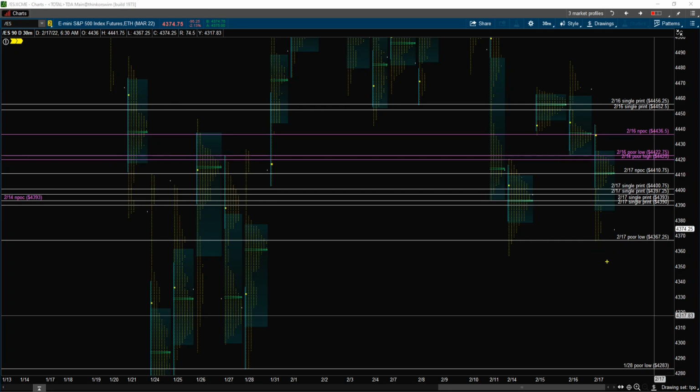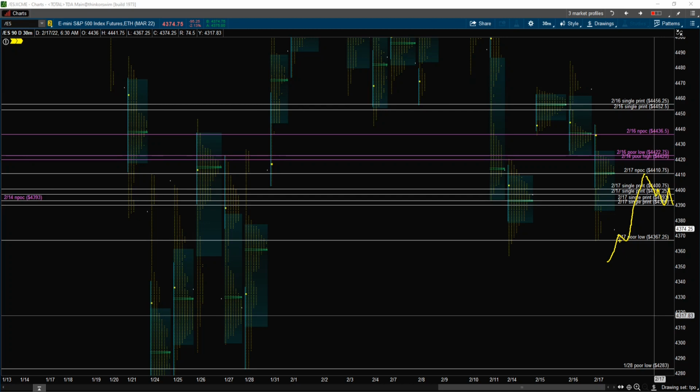Then I will be watching for the price to come up and tag the poor low, and see if it can stay above it. If it does, we're going to be watching for the single print to get tagged and possibly come all the way up and tag this point of control at 44.10, then probably come back and chop around between 4400 and 43.90, possibly for the pin somewhere around this area on the OPEX pin.